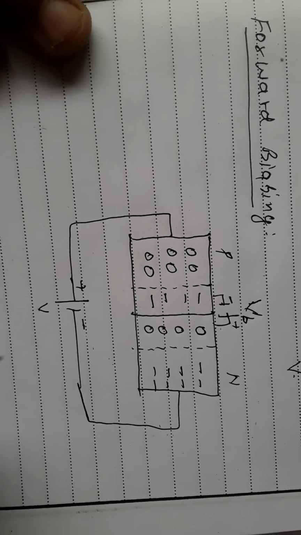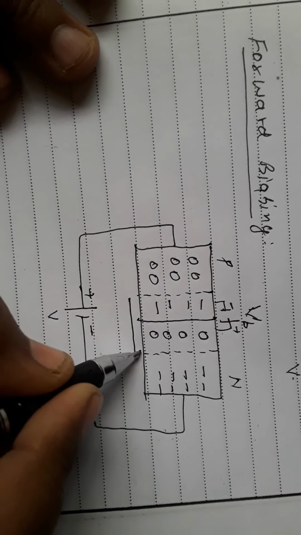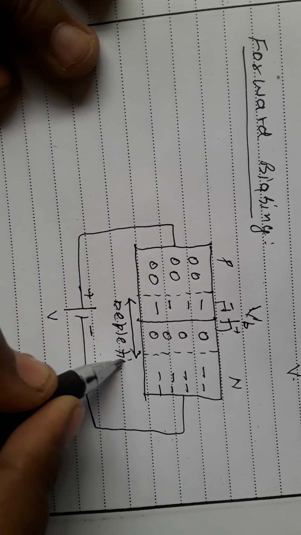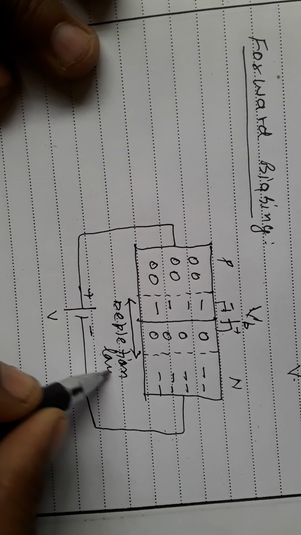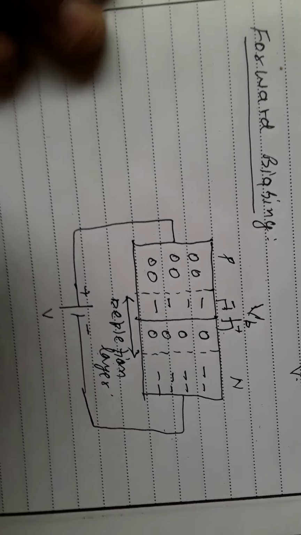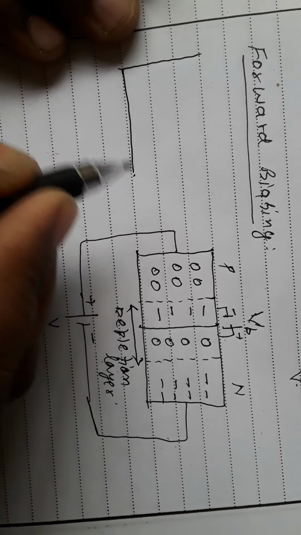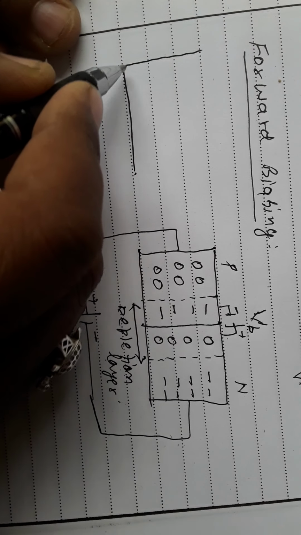This is called the depletion layer. Now this is the potential barrier graph.